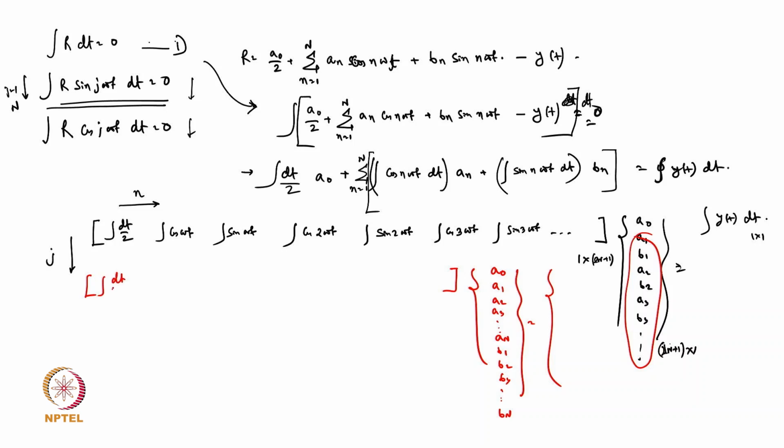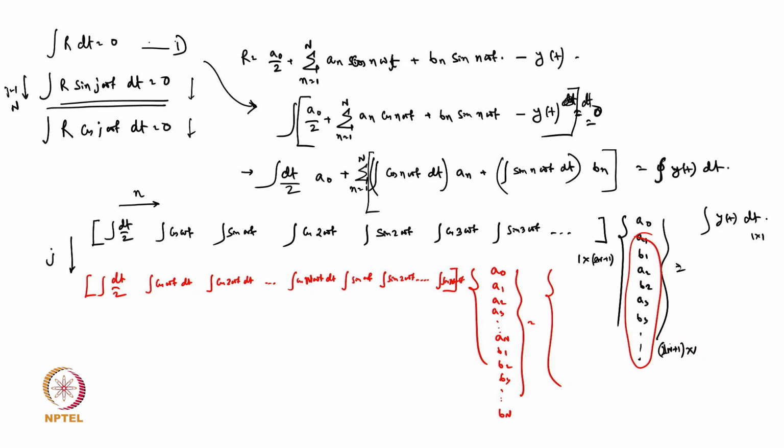First thing, you are the same. Next one, you will put cos of omega t dt, cos of 2 omega t dt, like this up to cos of n omega t dt, then sin omega t, sin 2 omega t, like this, up to sin n omega t. Okay, we will do up to that.